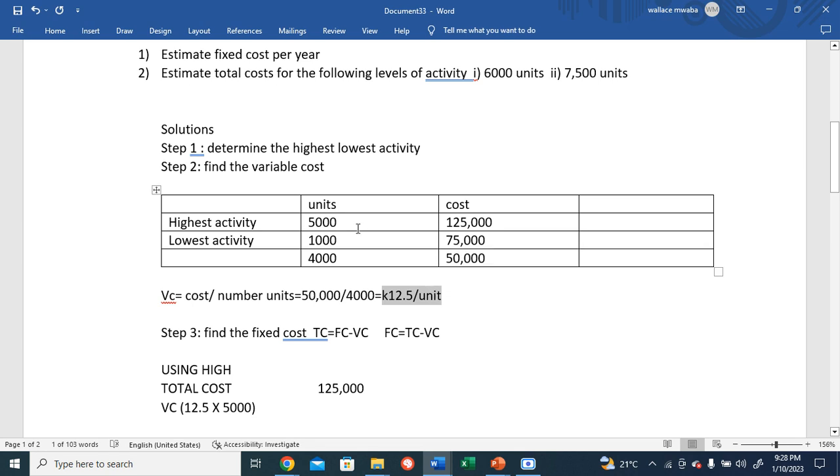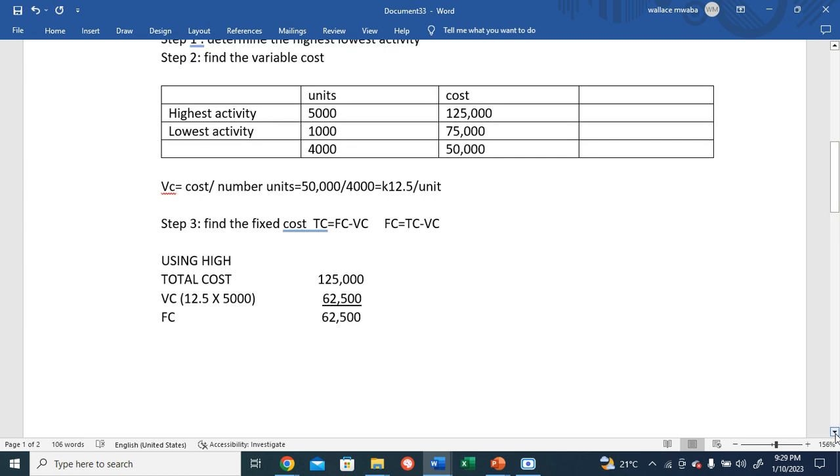Our variable cost is 12.5 kwacha per unit, and we produced 5,000 units, so we want to find the total variable cost. 12.5 times 5,000 gives 62,500. We subtract variable cost from total cost to obtain our fixed cost: 125,000 minus 62,500 gives 62,500. That is our fixed cost, 62,500.